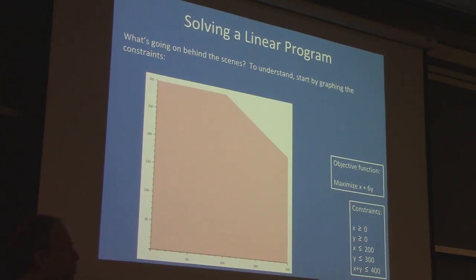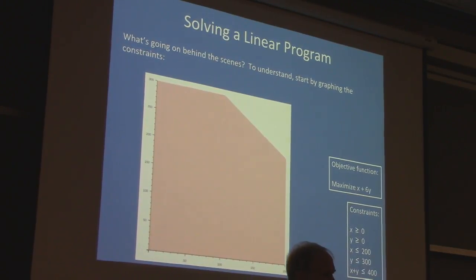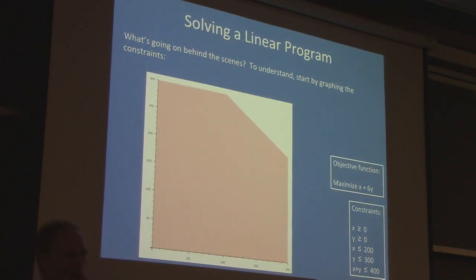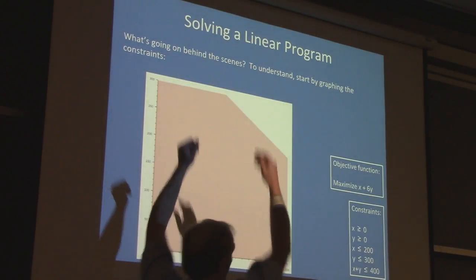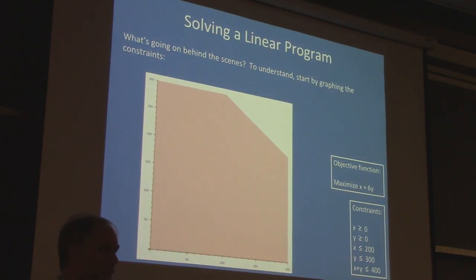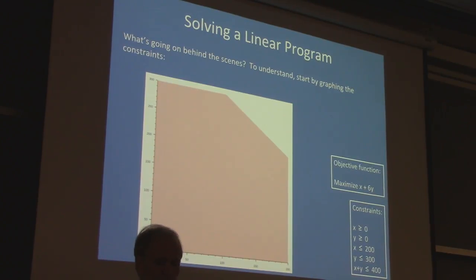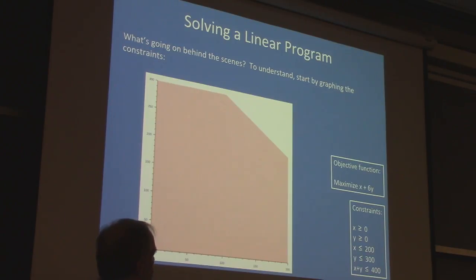Another possibility is you could end up with an infinite feasible region. For example, suppose we didn't have these last two constraints. What would our feasible region look like? It would go all the way to infinity. So in that case, it's possible that there is no way to maximize the objective function. Suppose that was a feasible region.